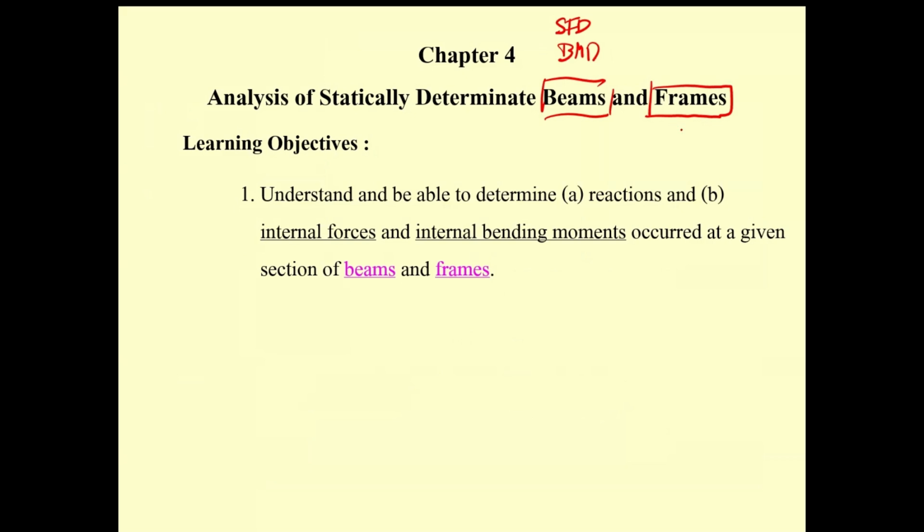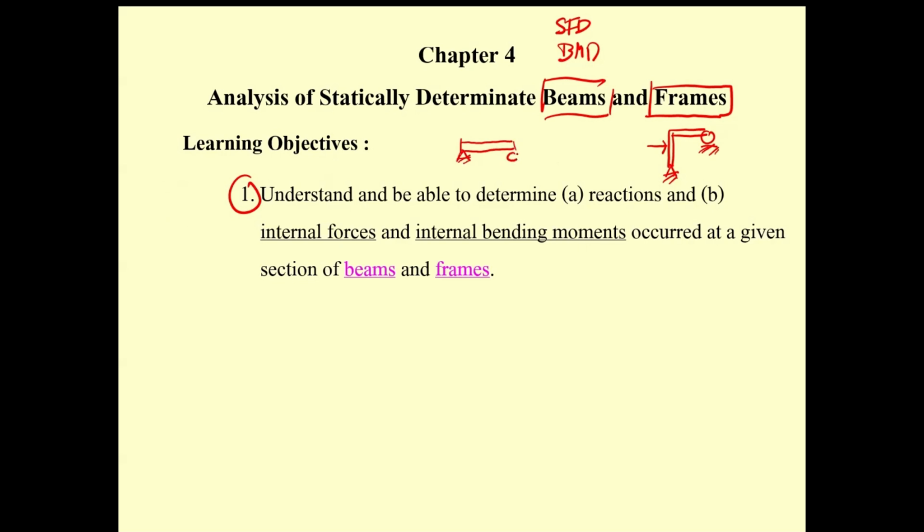And frame is going to be the column connected with the beam. So that's going to be the frame. I may say this may be a different one for you, but actually it is static also. The level beam. So first you may have the beam model and the frame model.